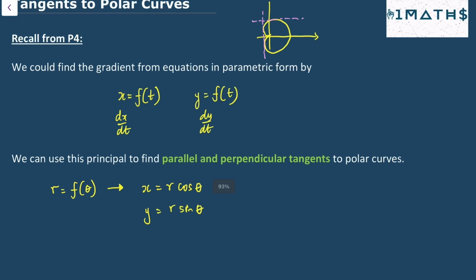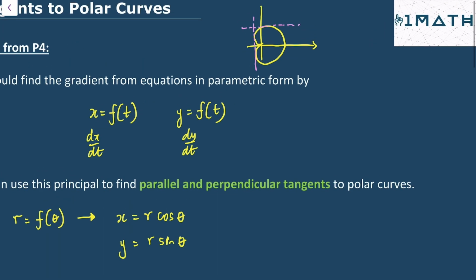If I use this idea and I look at tangents parallel to the initial line, as I've stated up here, then at this point I know that dy/d theta is equal to 0, because this horizontal line is going to be in the form y equals some constant, and my vertical line, so perpendicular down here, is going to be in the form x equal to some constant.